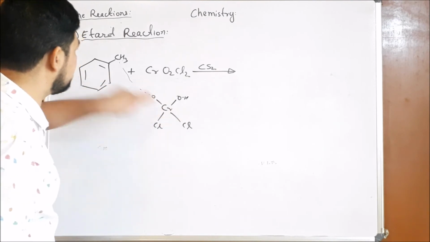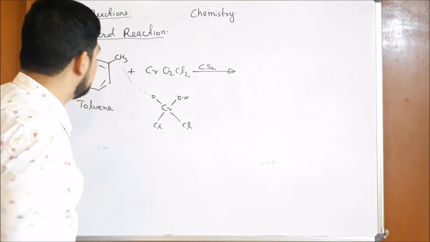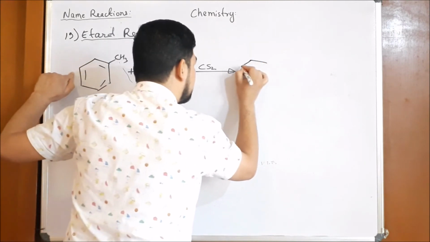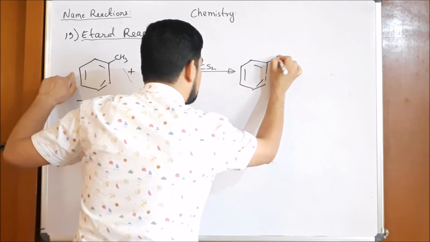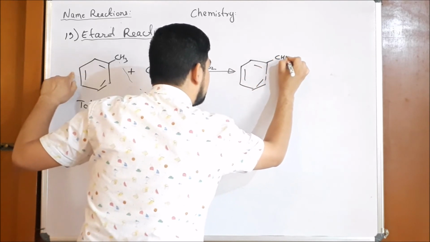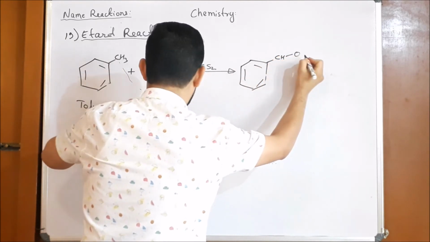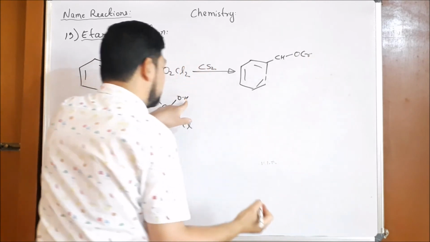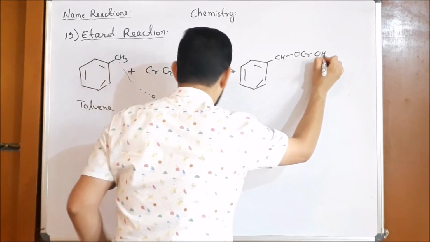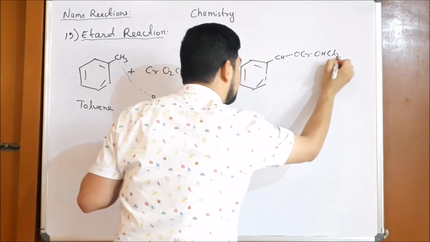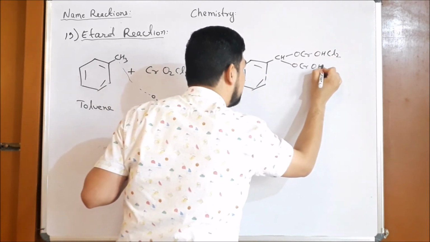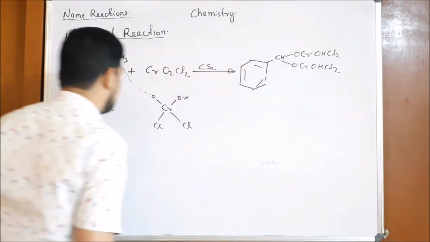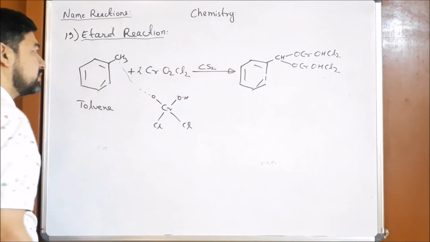Two molecules of this combine with this carbon, so your structure becomes CH, then O, then Cr, with OH group and Cl2. Similarly here is O, Cr, OH, Cl2. So two molecules are utilized here.